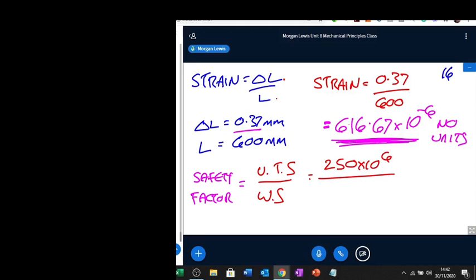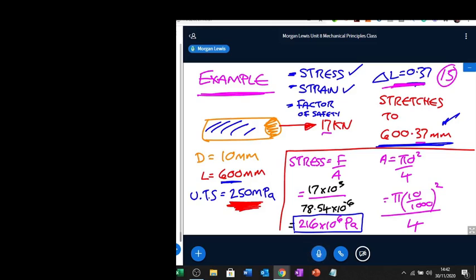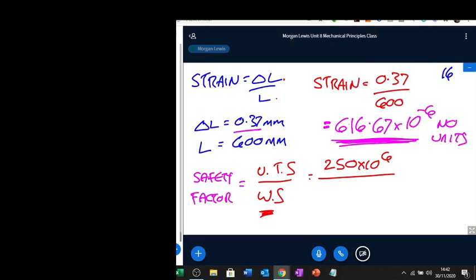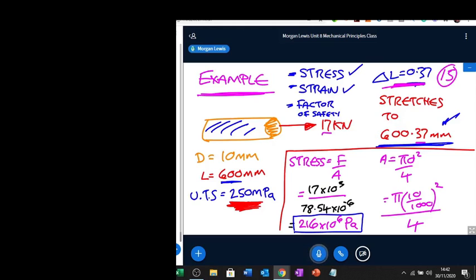The working stress is what we've just worked out, which is 216 mega. You haven't got to put the mega because it cancels out, but just in case, it's not always mega, right? It's going to break at 250 and the working stress is 216 because we worked it out.